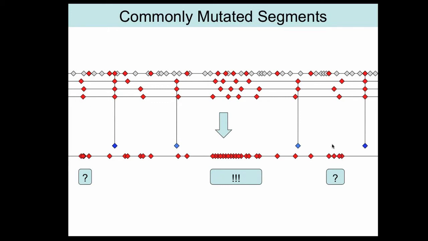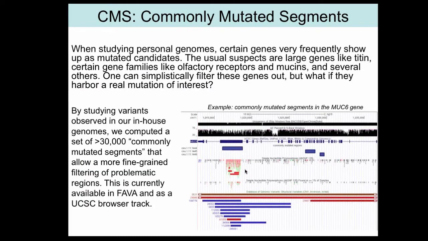There are some other clusters that might be potentially interesting, that's left to statistics. But in this case, what we do is we identify such clusters of positions that appear to be mutated frequently in different people. And we define this as what we call commonly mutated segments. And these segments are presumably prone to false positives. So we define this resource that we call commonly mutated segments.